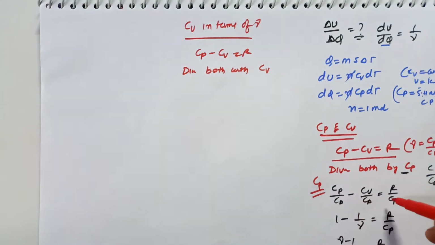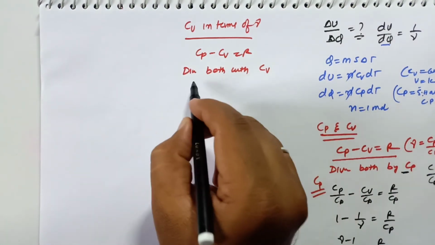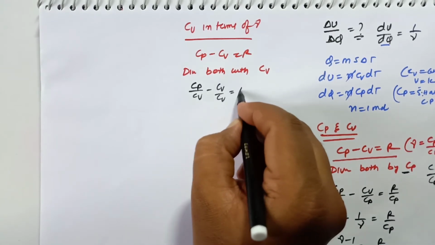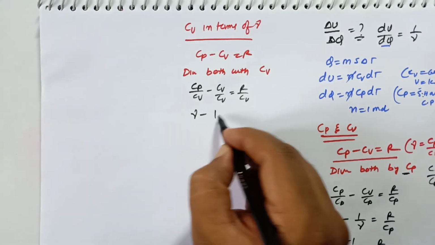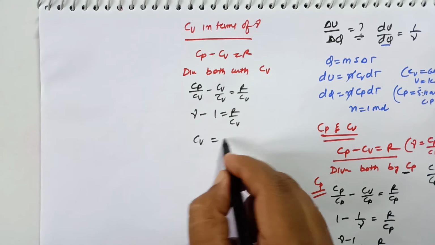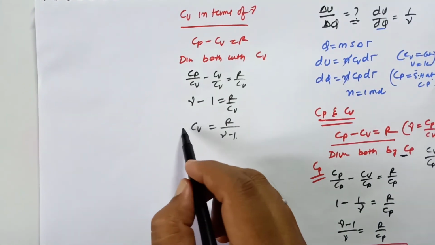Previously we have divided with Cp, but now you have to divide with Cv. Then what are you going to get in this case? Let us see. Cp by Cv minus Cv by Cv is equal to R by Cv. Therefore, gamma minus 1 is equal to R by Cv. So Cv can be considered as R by gamma minus 1.